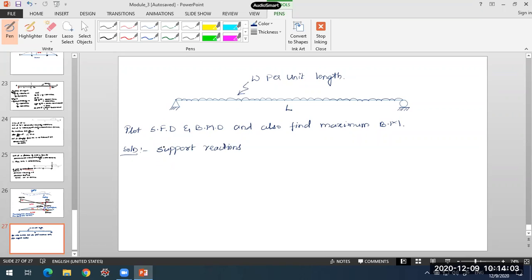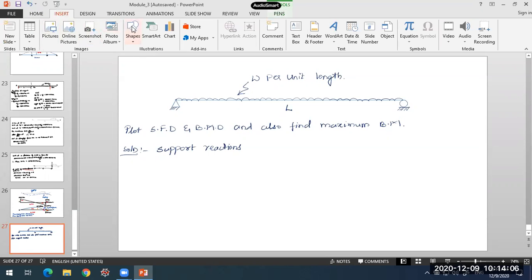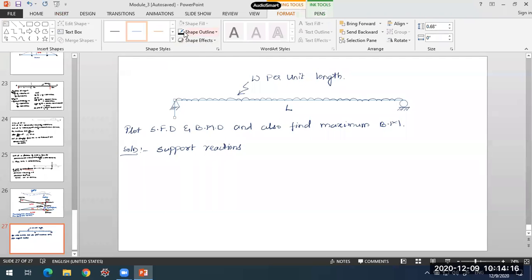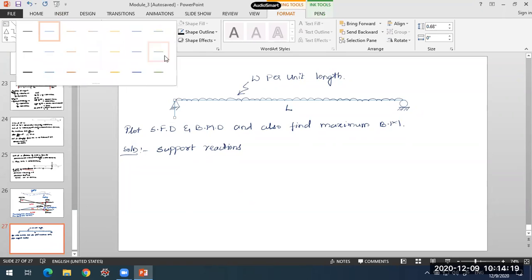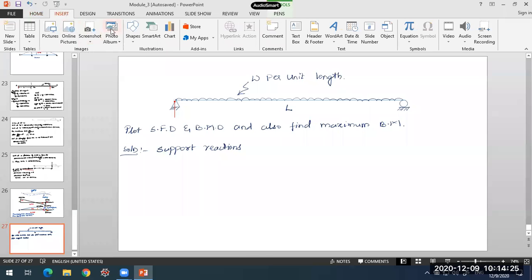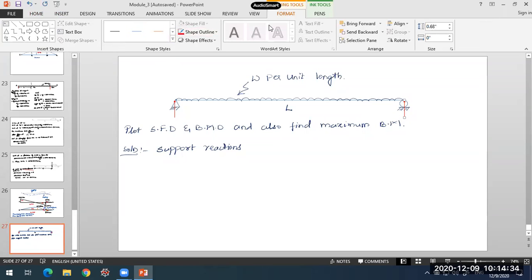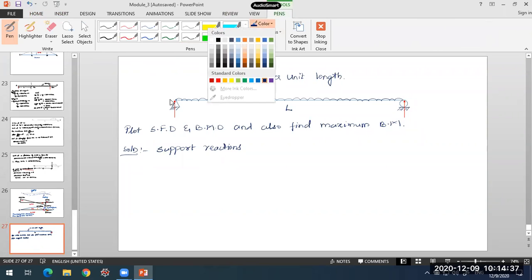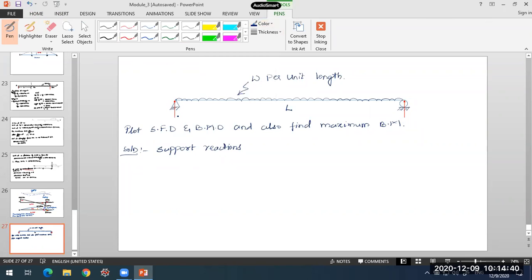If I take the two support reactions as VA at support A and VB at support B, I'll call these two supports A and B over here.